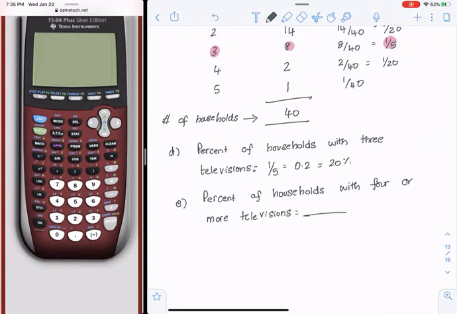In total, we had 40, and 4 or more would simply mean we have to add those 2 frequencies. So 2 plus 1 over 40, which is 3 over 40. 3 over 40 is 0.075. We'll get 7.5%.